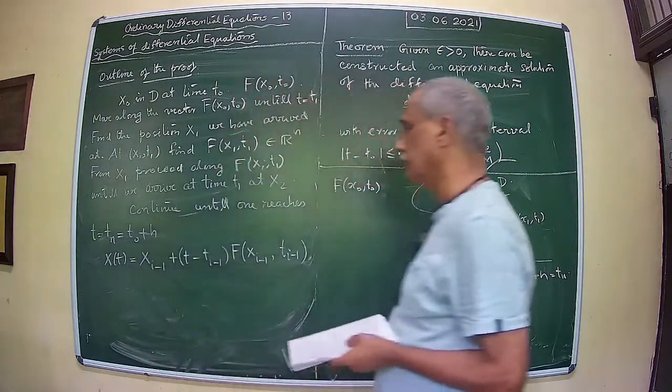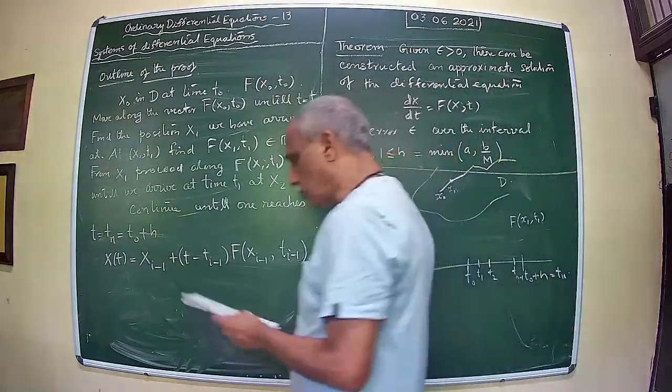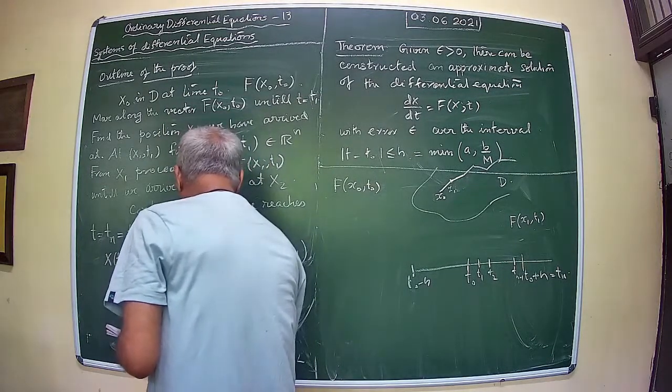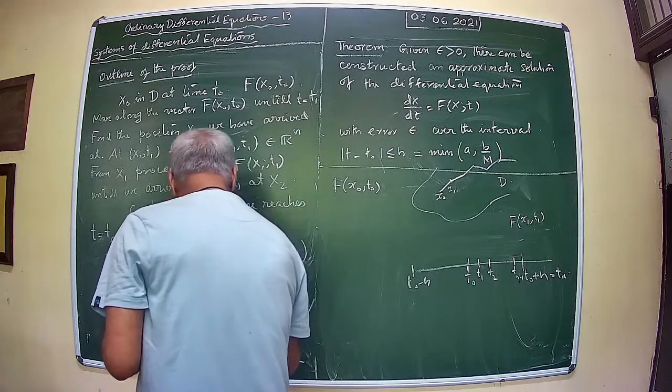This is what you get. Okay. Now this is for the interval t i minus 1 less than or equal to t less than or equal to t i.